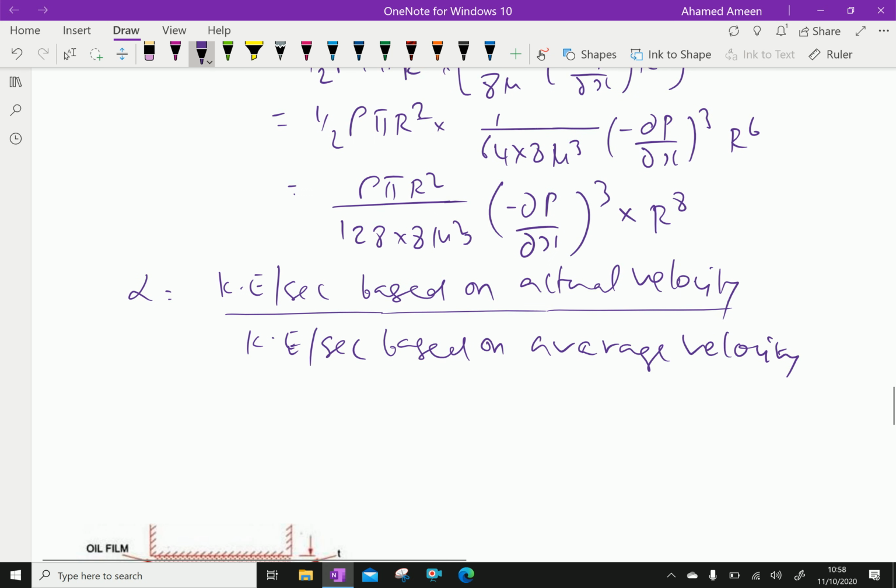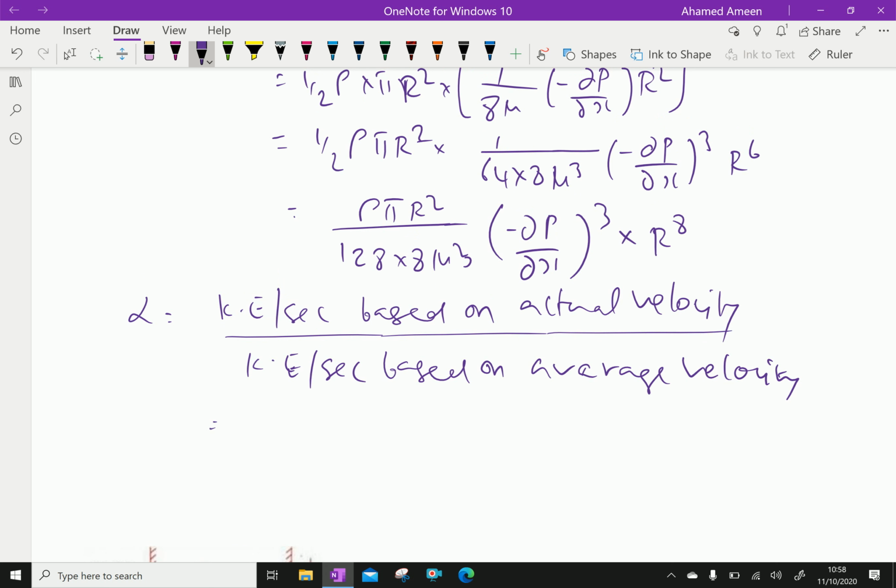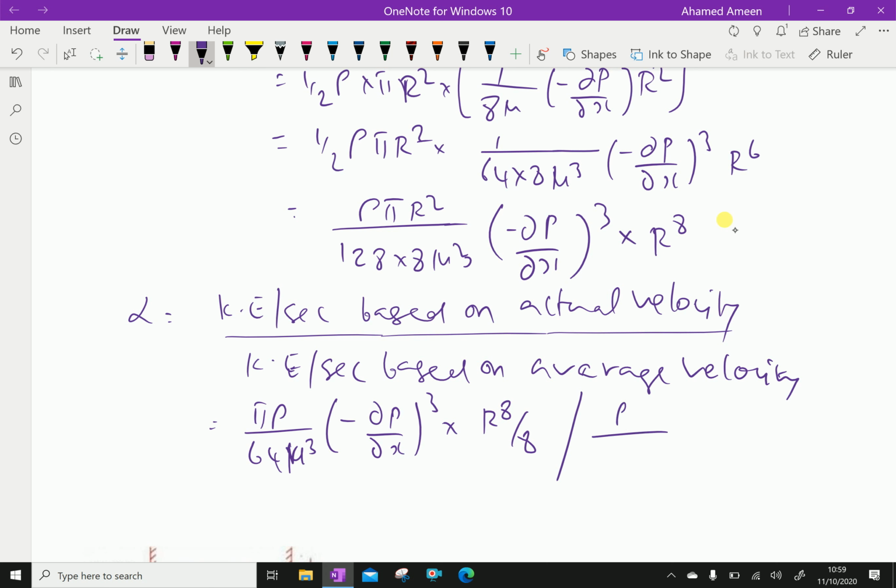Dividing both expressions above, we have pi rho by 64 mu cube, minus dou p by dou x the cube, into R power 8 by 8, complete division over rho by 128 into 8 mu cube, minus dou p by dou x the cube, into R power 8.